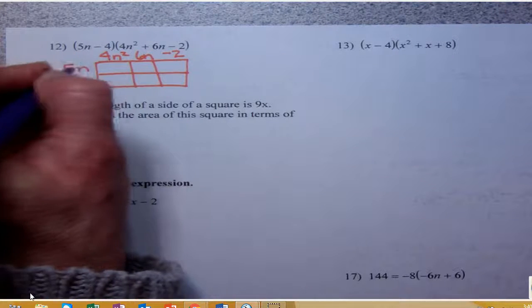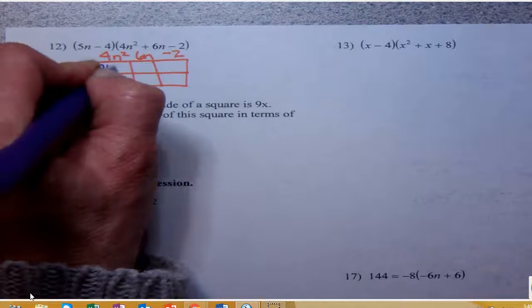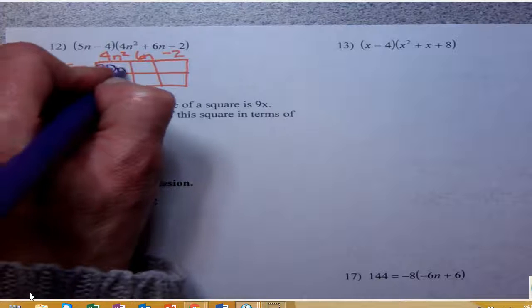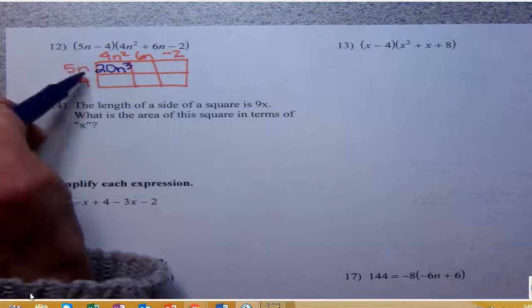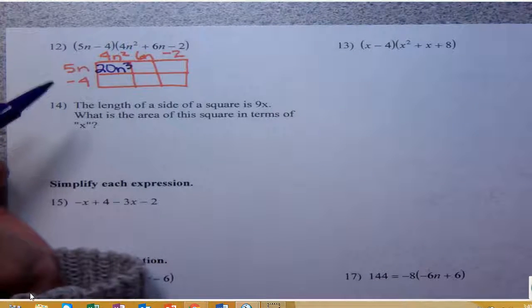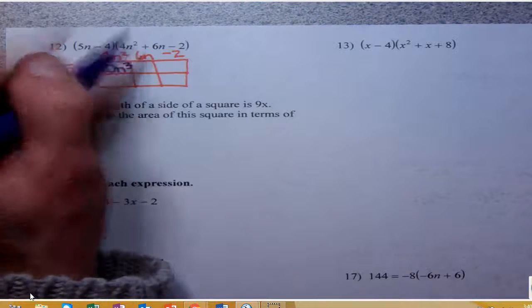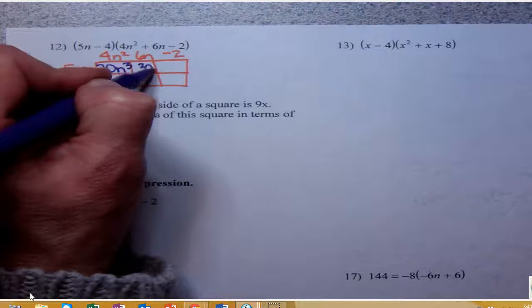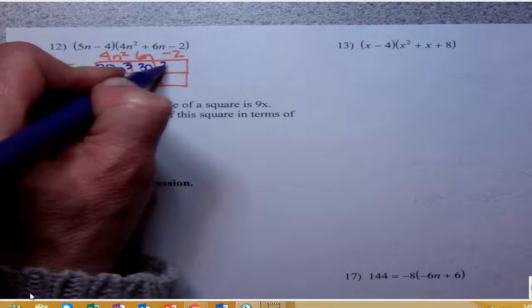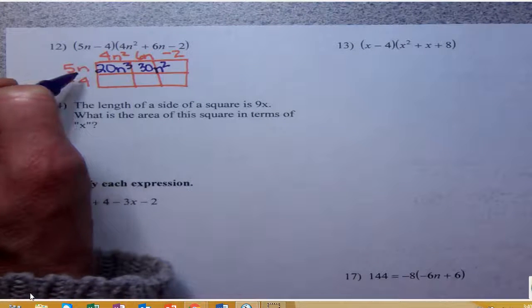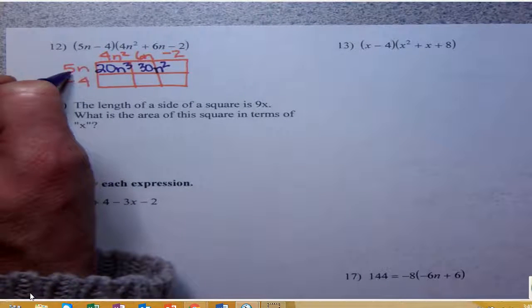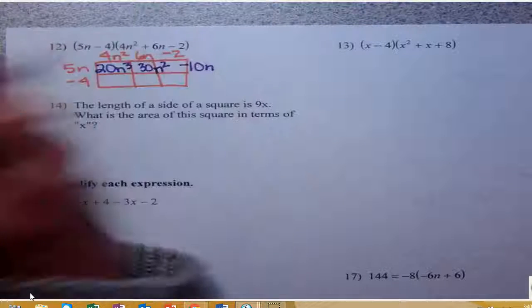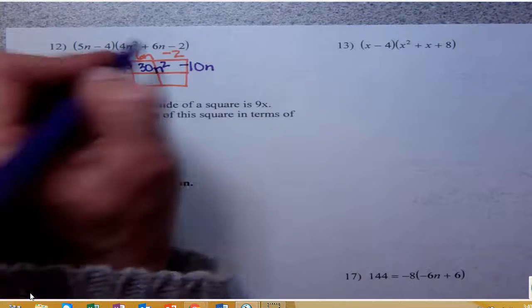So I'm putting 5 times 4 is 20, and n times n squared is n to the third. There's n multiplied by itself 3 times. And 5 times 6 is 30. And n times n is multiplied by itself 2 times. I didn't do my box big enough, I guess. 5n times negative 2 is going to be negative 10n. That should be over there.